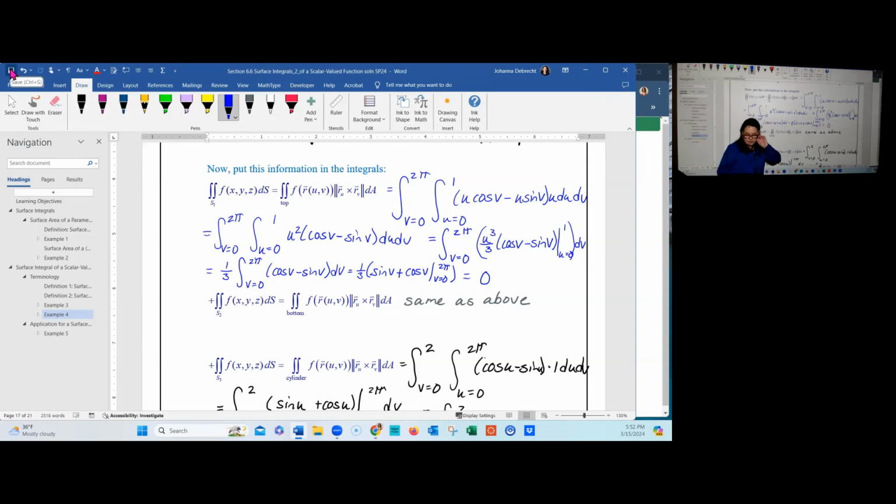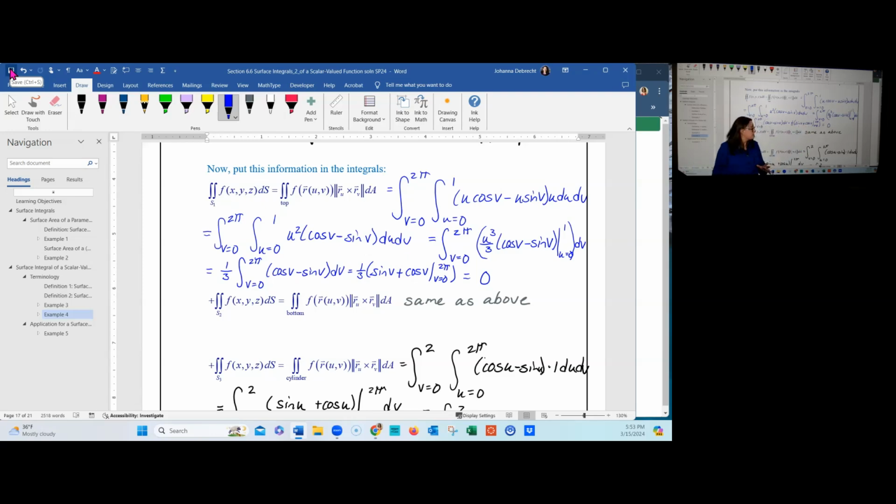And when we're looking at this, the next thing we want to do is integrate u squared with respect to u, which gives us u cubed divided by 3, evaluated between 0 and 1, which gives us a constant factor of 1/3 multiplied by cosine v minus sine v. Then we evaluate this between 0 and 2 pi, which gives us sine v plus cosine v.